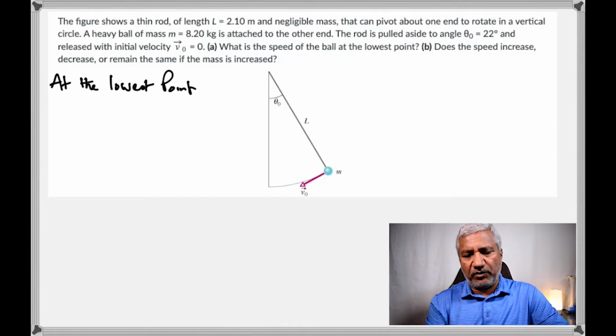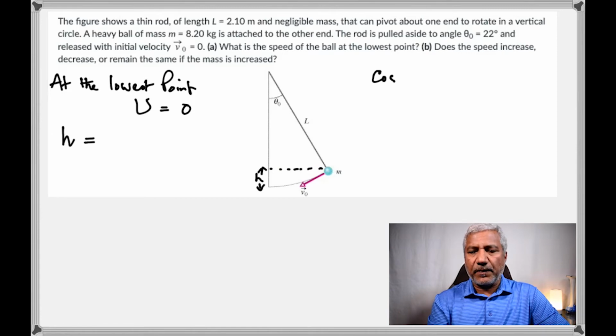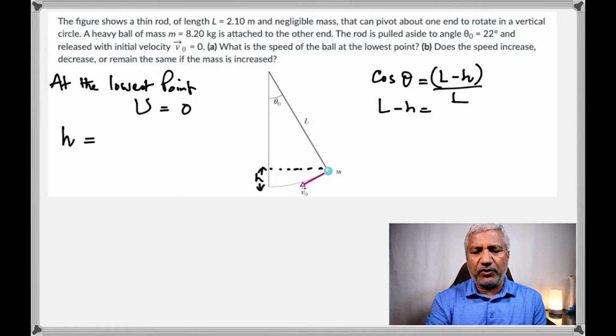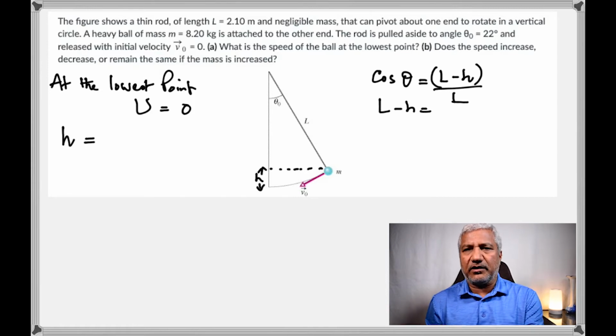So that's what I'm writing here. At the lowest point, potential energy is 0. That's the reference level. And then there is some trig here. If you look at this right angle triangle, cosine of theta is (L minus h) over L, because the total is the length L and this much is the height.